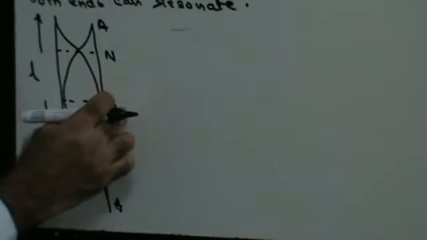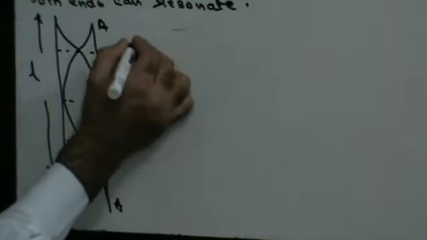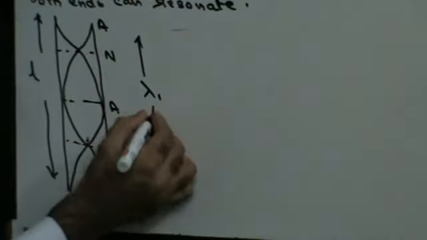Now in that case, let's assume that this is the length of the tube. Now the distance between two consecutive antinodes is half the wavelength. So this is half the wavelength, this is another half wavelength. That means you have total wavelength here. In this particular mode, you would have total wavelength.